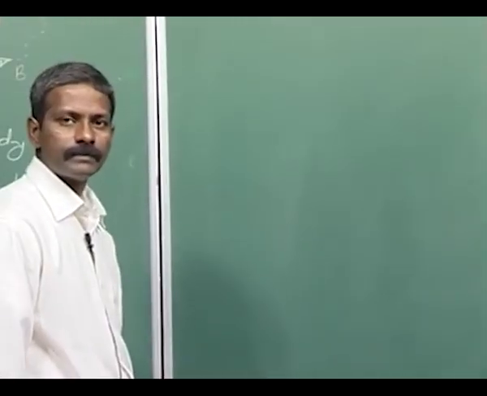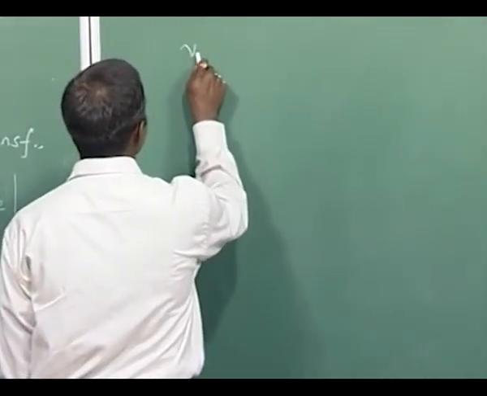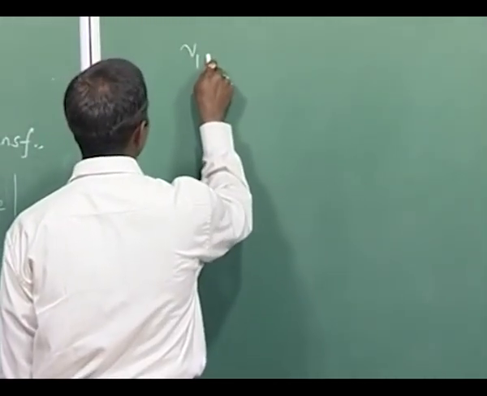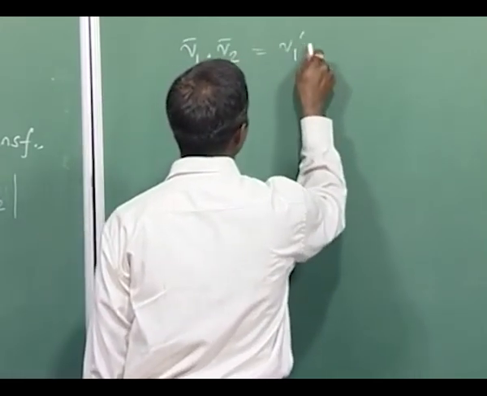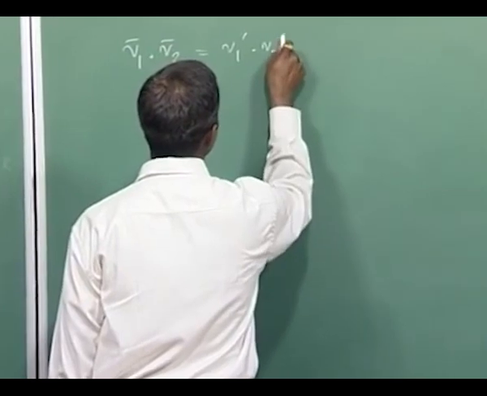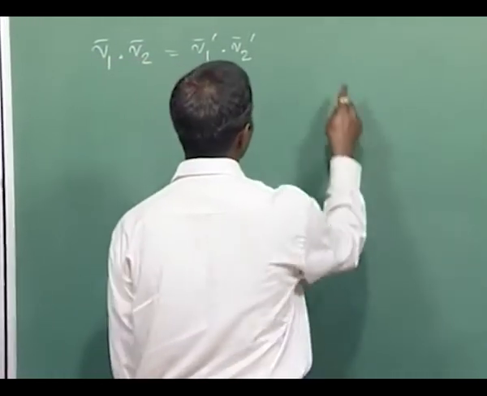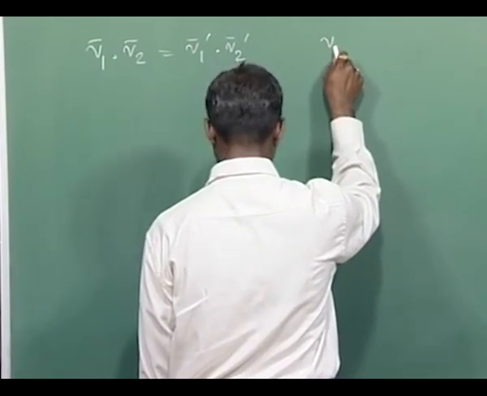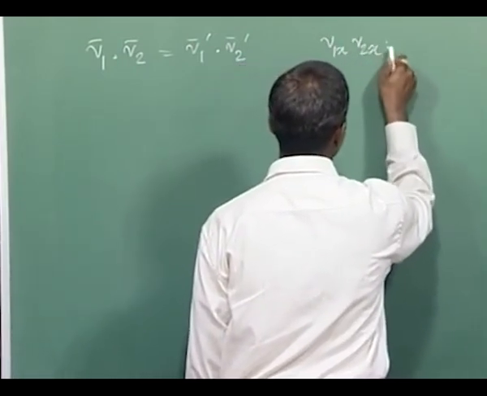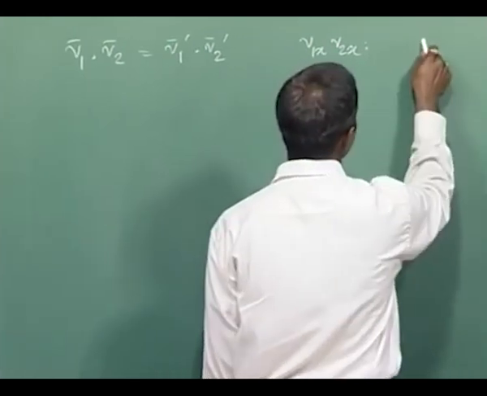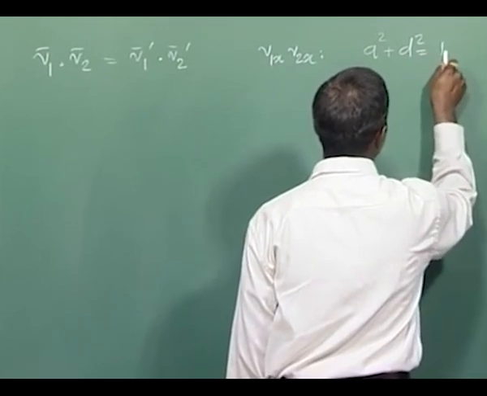Let's skip the algebra and see what we have. If we use this condition, v1 dotted with v2 equals v1 prime dotted with v2 prime, and if we compare the terms v1x, v2x, we get a squared plus d squared equals 1.